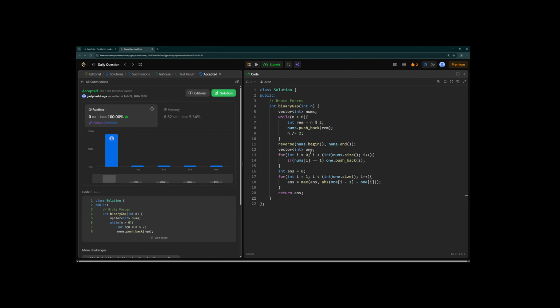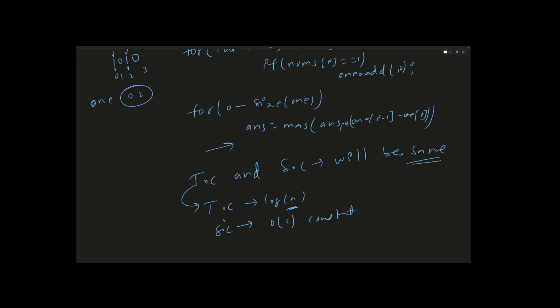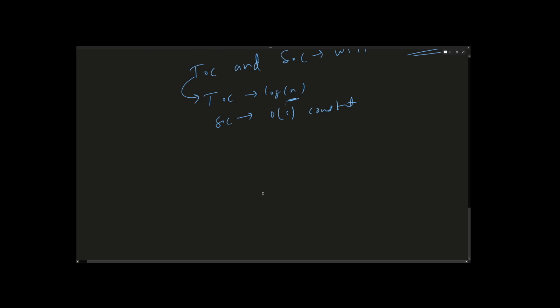Okay, so how? If you see the concept, if there is a number n which is 22 and its binary representation is 10110, we will only be concerned about the current bit index of 1 and the last bit index of 1.